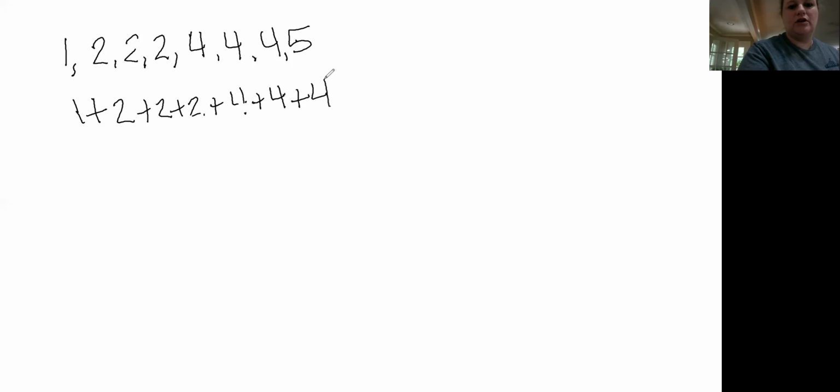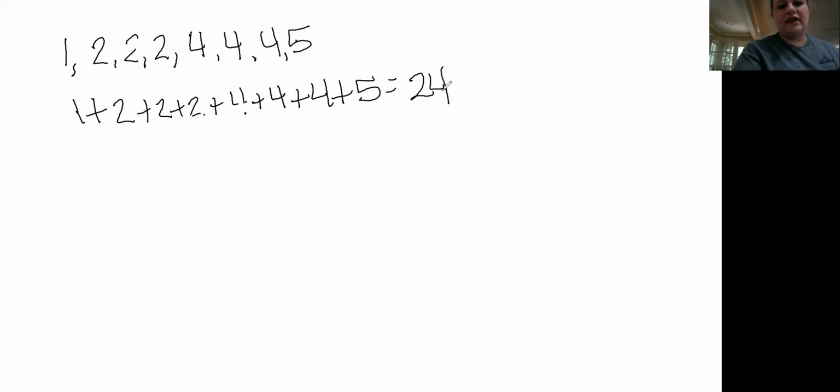So the first thing you're going to do is find the mean, find the average. So we're going to add all this up and divide it by however many numbers there are. So 1 plus 2 plus 2 plus 2 plus 4 plus 4 plus 4 plus 5. 5 plus 4 is 9, plus 4 is 13, plus 4 is 17, 18, 19, 20, 21, 22, 23, 24.